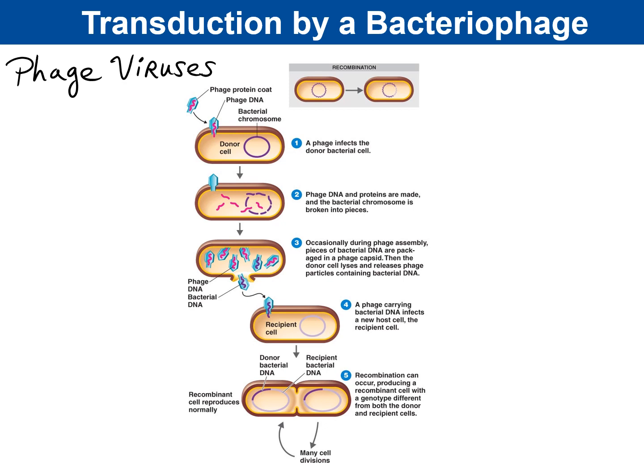So here's a little phage virus here. And what that phage virus is doing is it's attaching to the outer portion, the cell wall of a bacterial cell, and then successfully injecting its DNA into the bacterial cell.